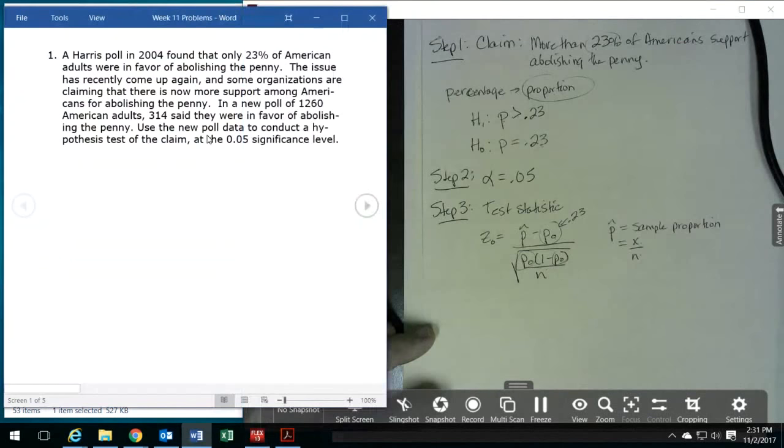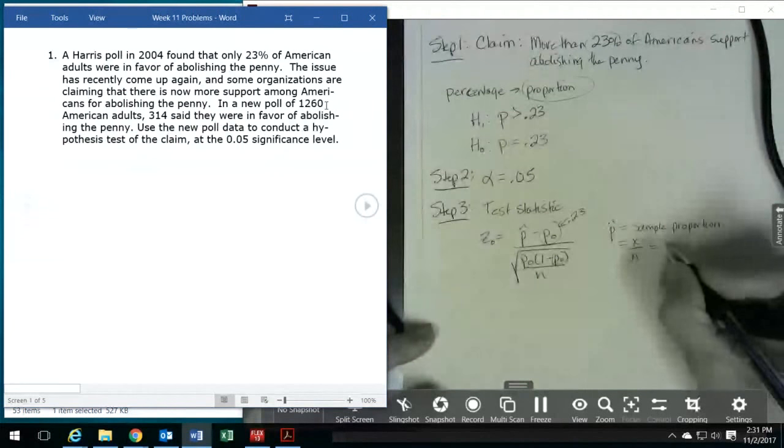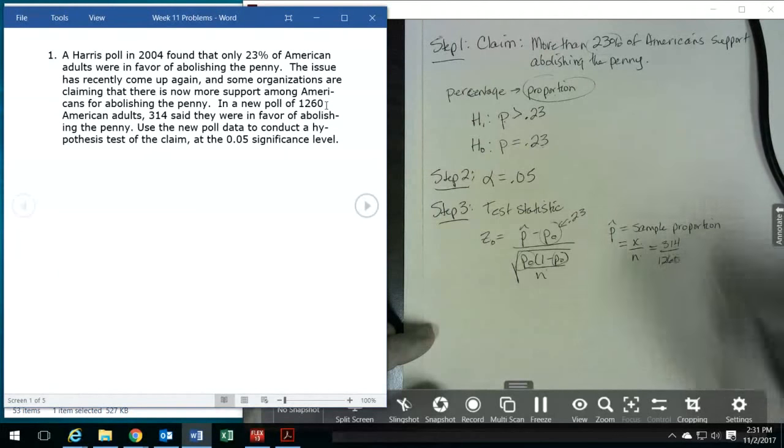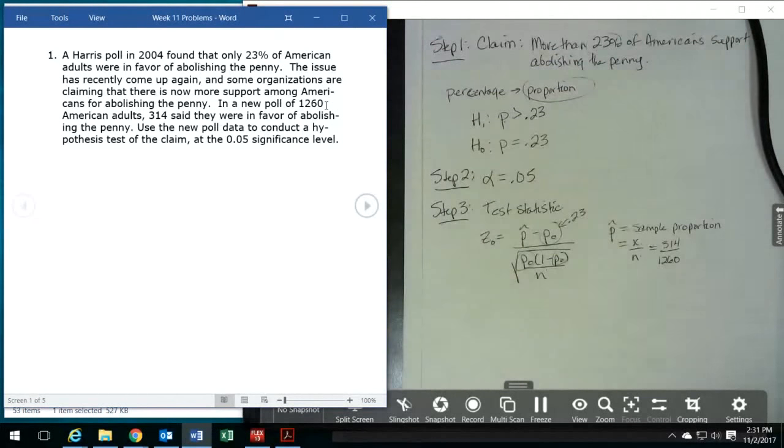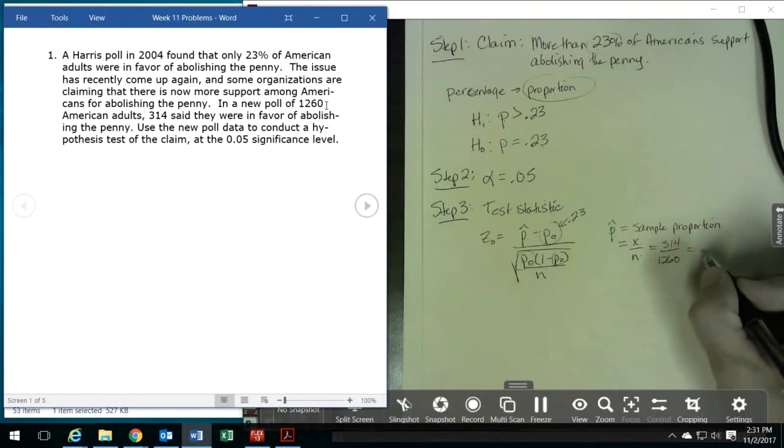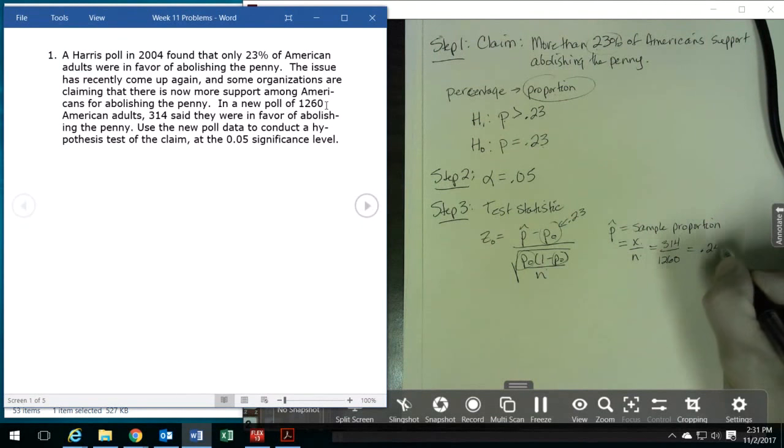And in this problem, they didn't give us a percentage. They just gave us how many said they were in favor of it and how many were in the survey altogether. So this is one where we do have to calculate our P hat. Okay, so this comes out to be 0.249.